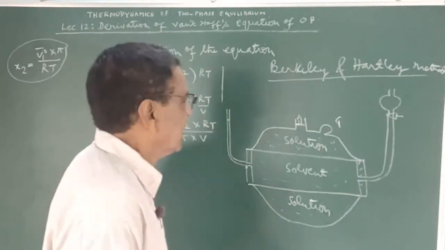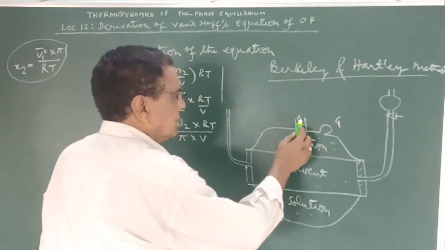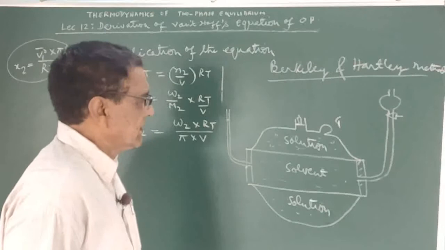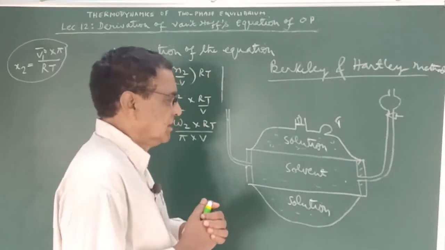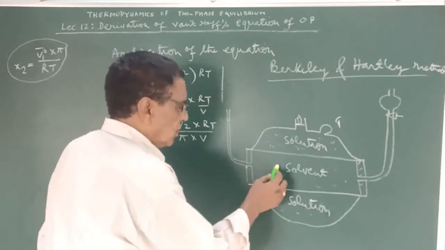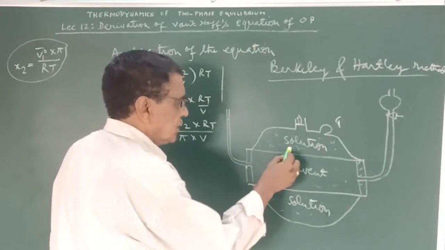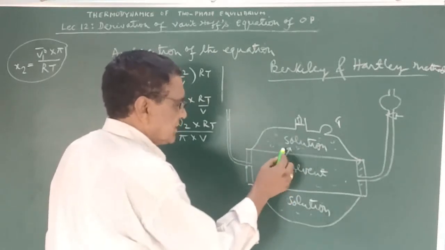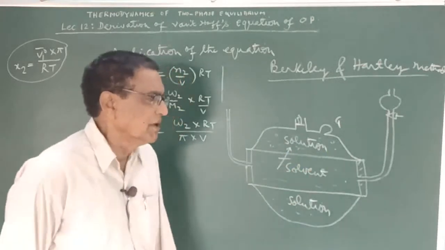It means that the pressure added here is sufficient, or equal to the osmotic pressure, so that the flow of the solvent from the solvent side to the solution side is not possible.